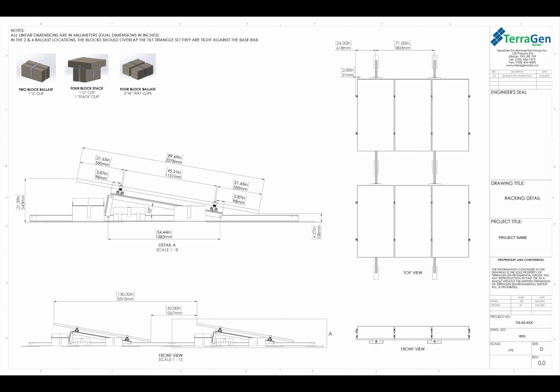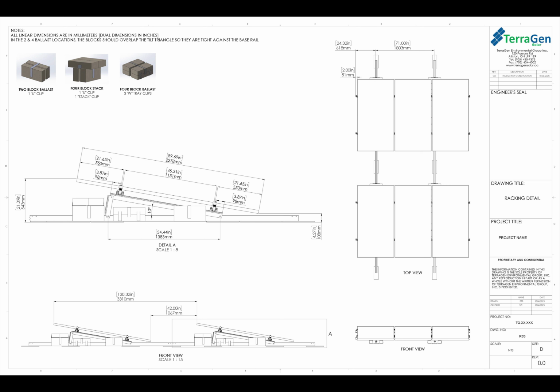The one key dimension that you'll want to take away from this is the 98 millimeters or the 3.87 inches that is shown from the end of the long leg to the top rails on the tilt assembly. So this 98 millimeters is where your top rails are going to start in order to keep them square to your system.